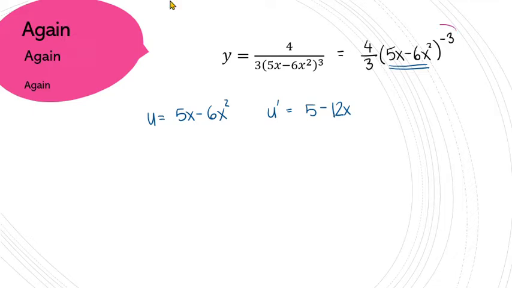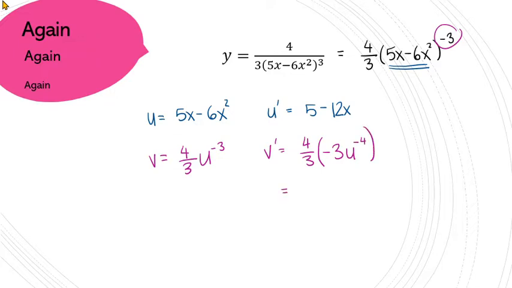Identifying the outer function, v equals, and I'll leave the 4/3 with this because I will forget it if I put it outside, 4/3 u to the negative 3, which means v prime equals 4/3 multiplied by negative 3u to the negative 4, equals negative 4 over u to the 4, so a different approach this time, but it still works out the same, equals negative 4 over 5x minus 6x squared.